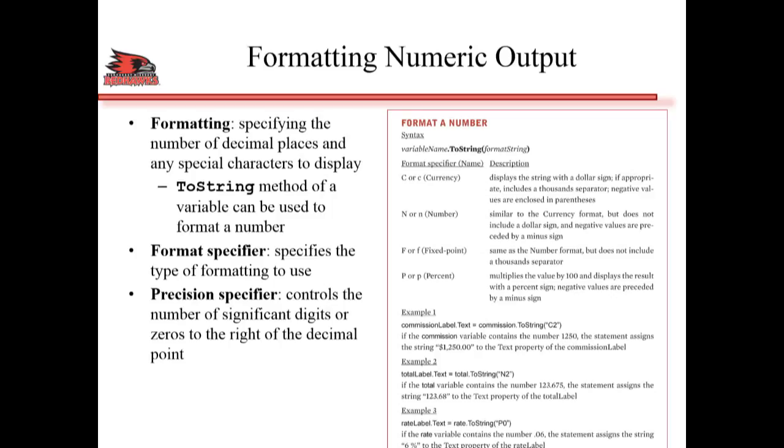To do that, you need to convert your numerical data type to a string data type, because text boxes and labels can only handle string data types. The syntax for doing that is the variable name followed by a dot, followed by ToString, and then in brackets your formatting code.